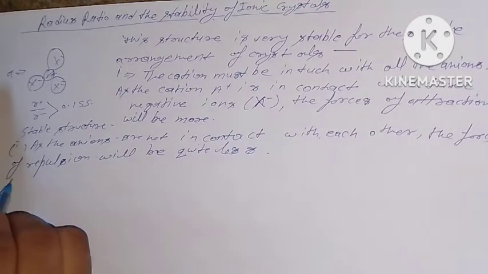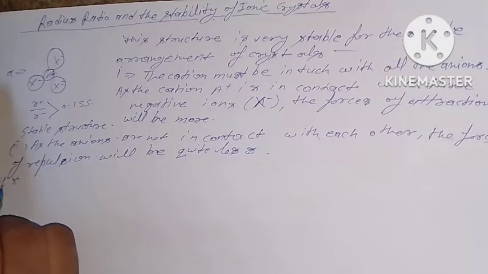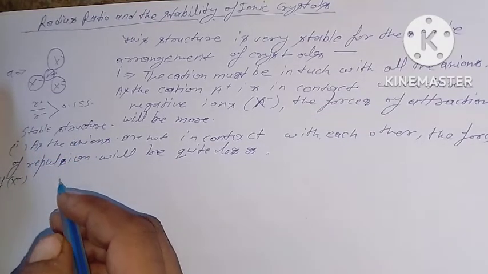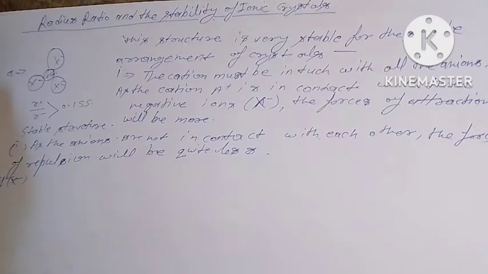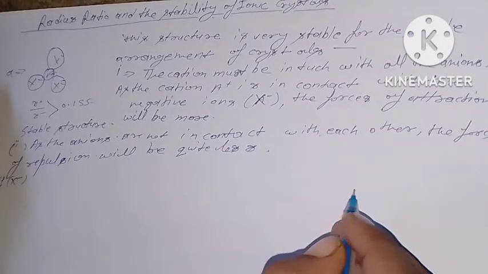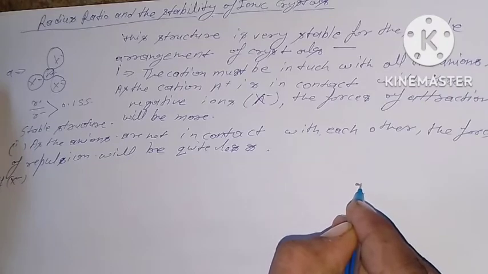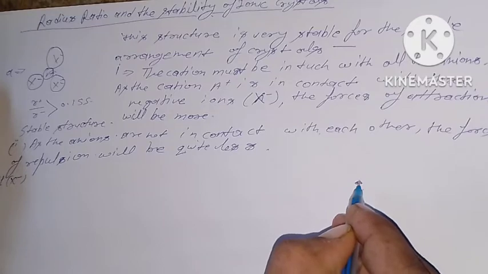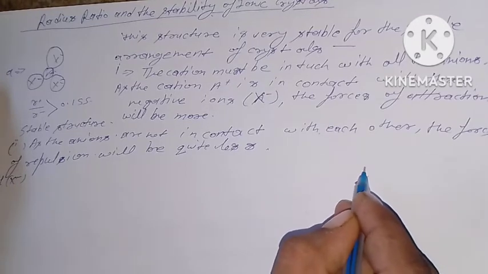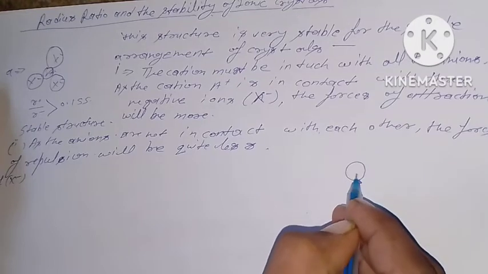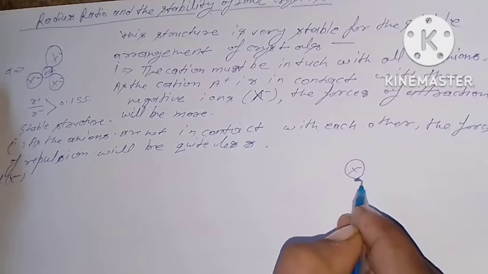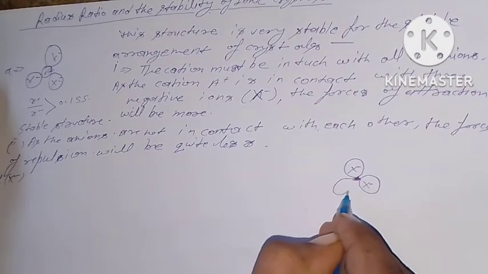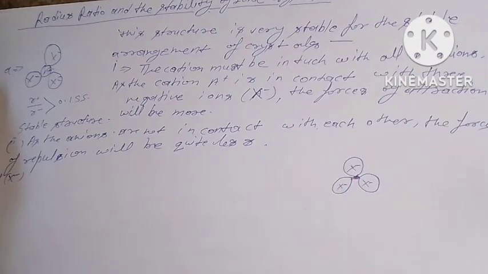If the negative ions are in contact with each other, as shown in the figure, this is the positive ion, and these are X negative ions.